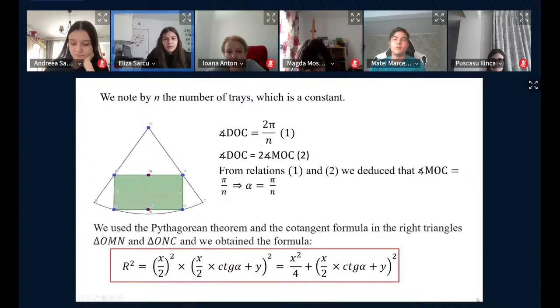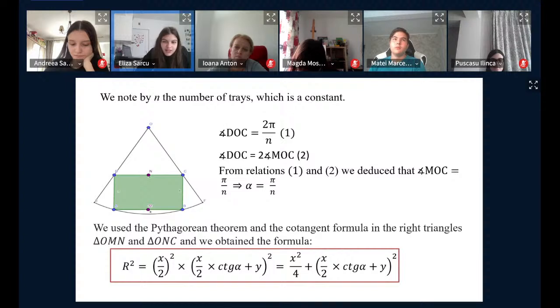We note by n the number of trays, which is a constant. The first time we saw the problem, we considered it a typical problem, but we were only half right because we'll also use some trigonometry notions. Angle DOC equals 2 pi over n, and also angle DOC equals 2 angle MOC.